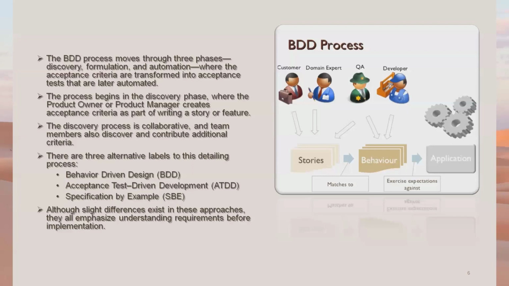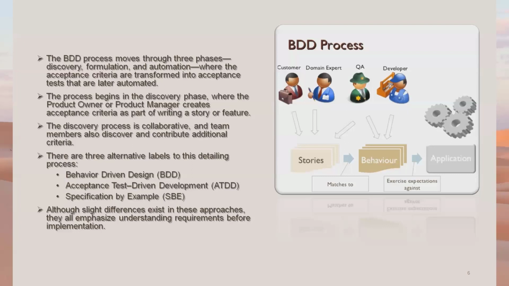The discovery process is collaborative and team members also discover and contribute additional criteria. There are three alternative levels to this detailing process. One is BDD, that is behavior driven design. Then acceptance test design development, that is ATD, and specification by example, that is SBE.